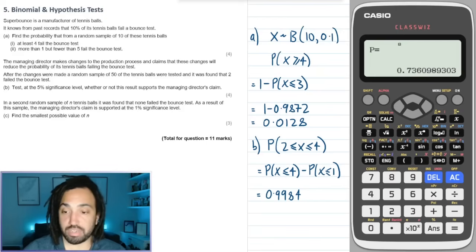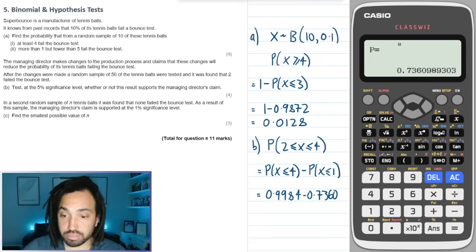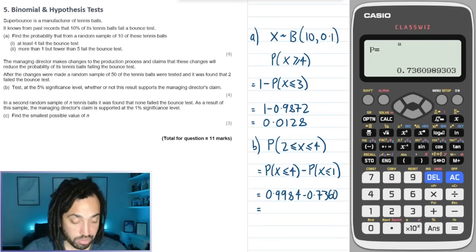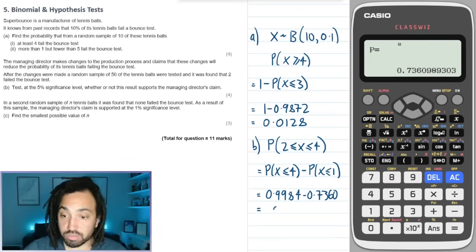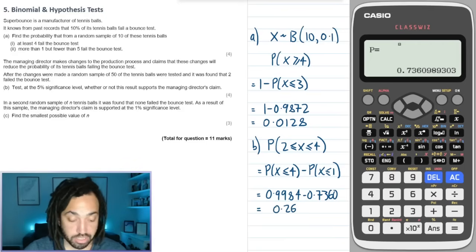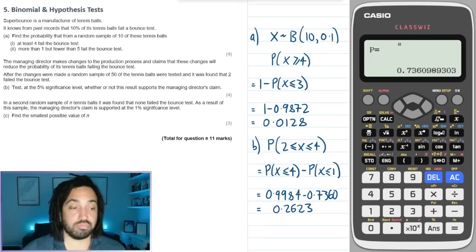I need to take that away. So that is 0.7360. Perfect. And when we do that, we get an answer of 0.2623. Lovely.